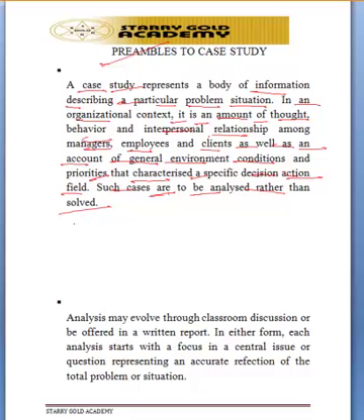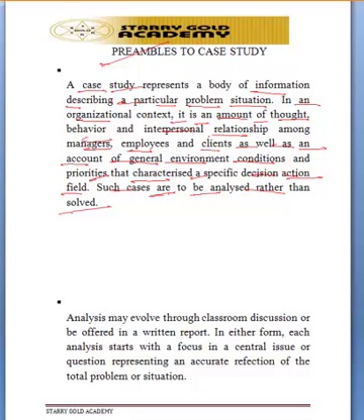What we are saying in the very first paragraph is to let us understand that a case study basically represents a body of information describing particular problems, situations, happenings in an organization. That's what we mean by organizational context.